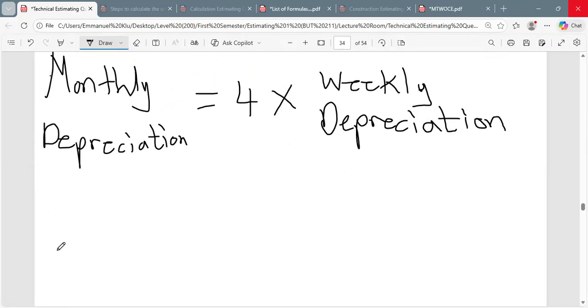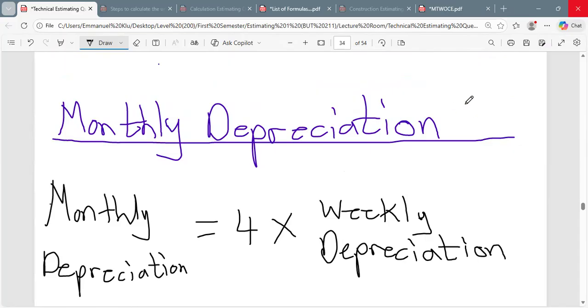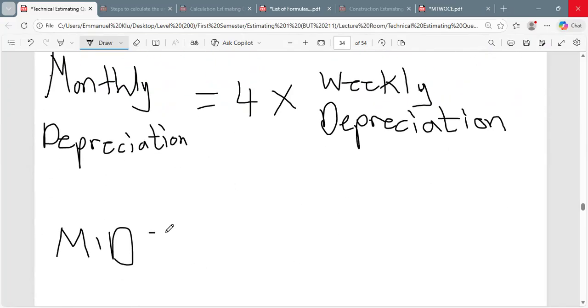So finally, we can say that our monthly depreciation is equal to 4 times the weekly depreciation. All of this is the same as the monthly depreciation. Don't get confused.